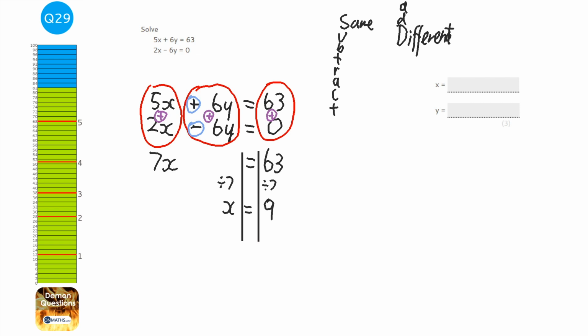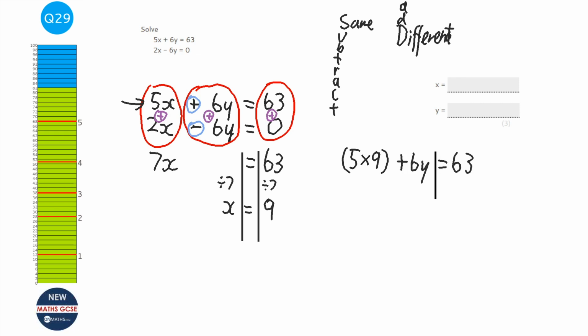Okay, now next we're going to pick one of these equations to substitute that 9 into. I'm going to pick the first one, but it would probably be easier to pick the second one, doesn't matter. So I'm just going to rewrite this first equation. But instead of 5x, we know it's 5 times 9 plus 6y equals 63. I'm going to put my lines in, and we've got to find out what y is now.